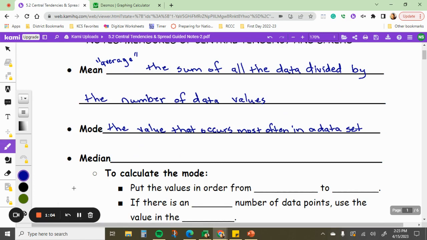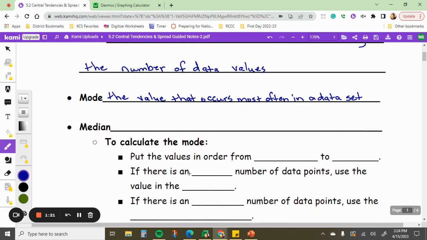Now let's look at the median. This is the middle of the data set arranged in numerical order. I'll explain and then we will write down these steps. So basically the median is dead middle. And to calculate the median, this should say median, not mode, we want to put the values in order from least to greatest, or from smallest to largest.